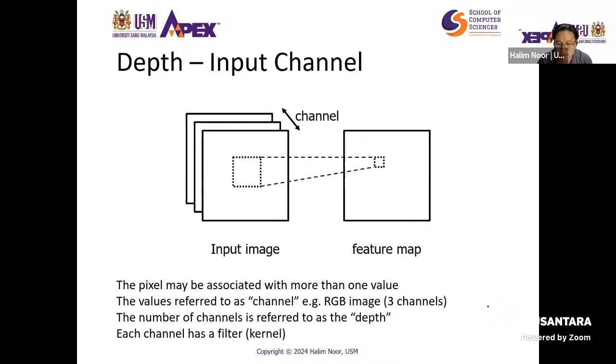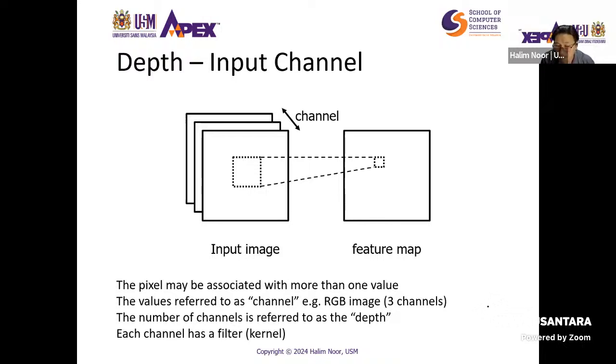Now depth, we have two types of depth. The first one is input depth, and the other one is output depth. So we discuss the input first. The input depth refers to the number of channels that you have in your input data.